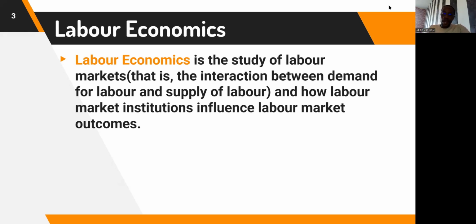So in the labor market, labor economics will study how the labor market interacts, okay, as far as demand for labor and supply of labor are concerned. And so we'll also seek how labor market institutions influence labor market outcomes. So as the lesson progresses, you will get to understand what labor market institutions are, all right?